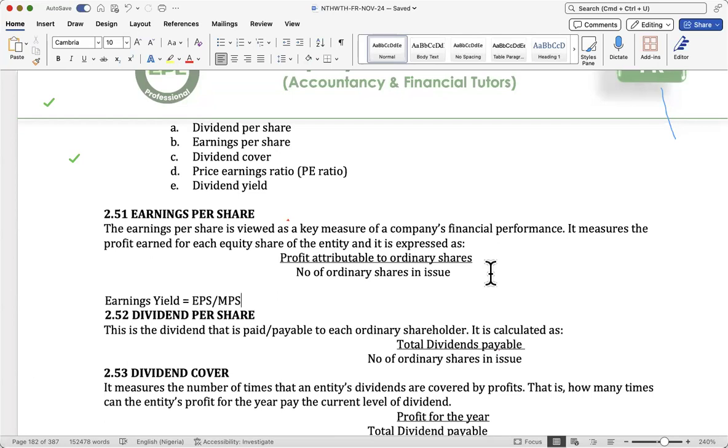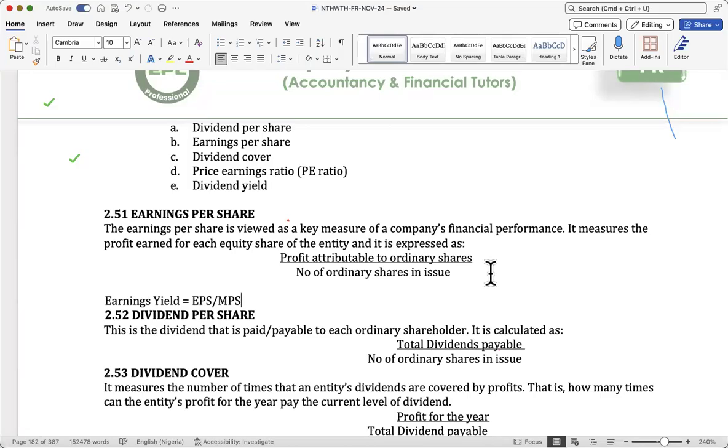But have you considered how much they paid for those shares to earn that 2 naira and 4 naira? If the one getting 4 naira as earnings per share had bought those shares at 4 naira per share, that means his actual return is like 100%.